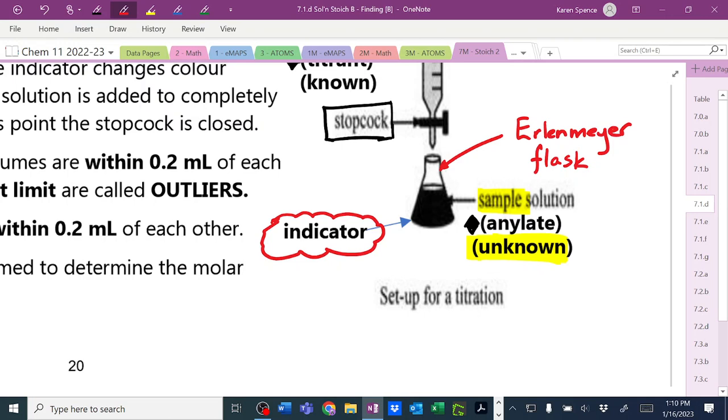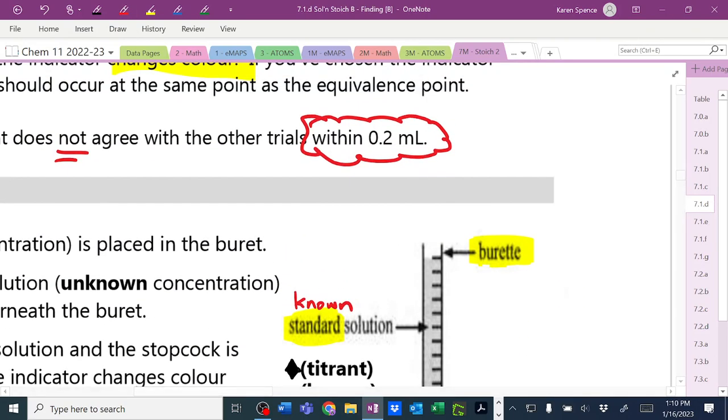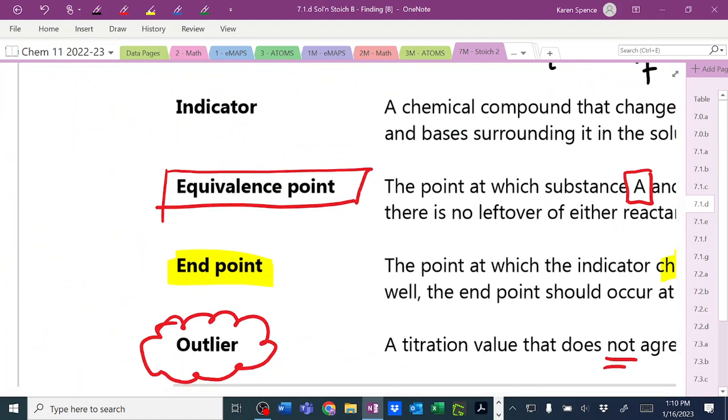And then from the burette, you will drip in and you will swirl your flask as it drips in, and you'll start to see pink because you're adding base. All right, and eventually you'll see pink and then it'll disappear. You'll swirl it and it'll disappear. Eventually the pink color will stay, and you'll be like, oh, I have reached the equivalence point. When you see the pink color, you have reached the equivalence point.